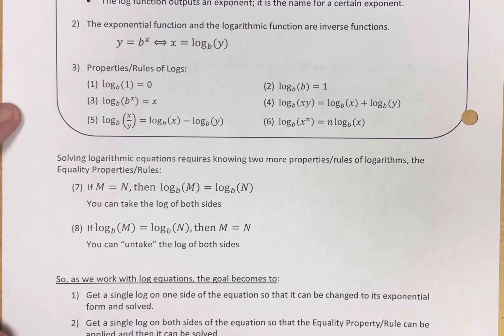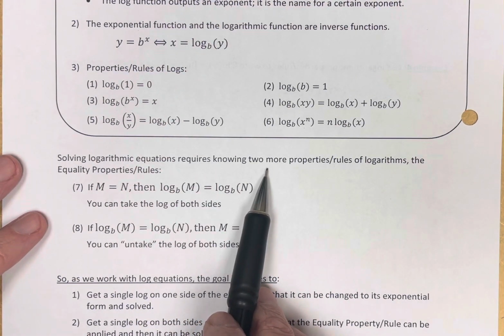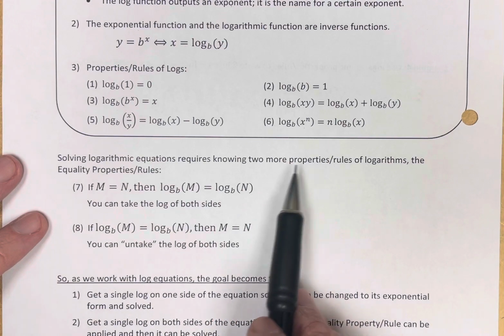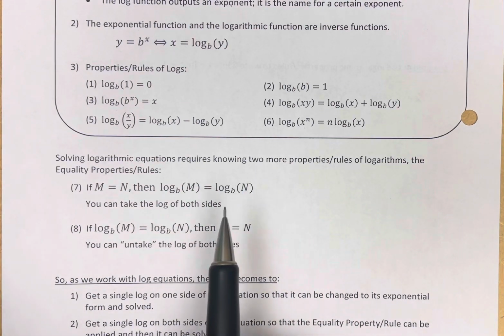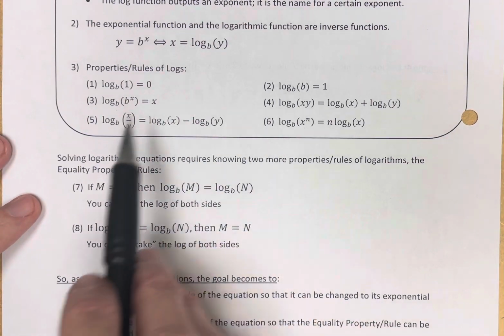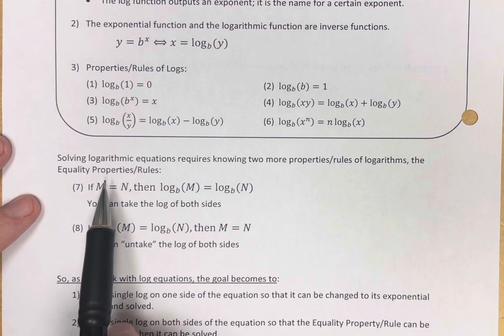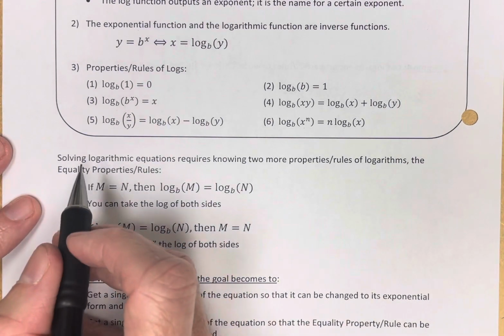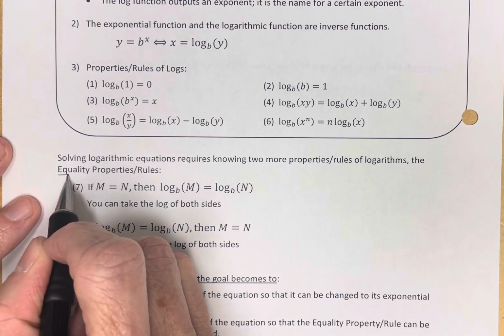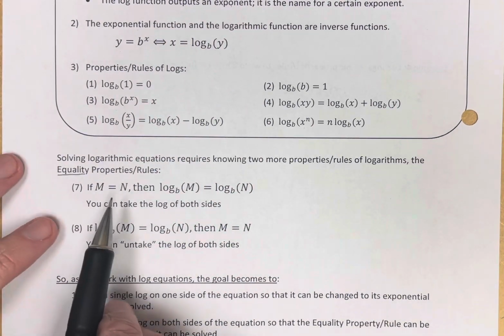To solve these logarithmic equations, I'm going to introduce you to two more properties, or two more rules, that will help us. These are the equality properties, and they're simply this.